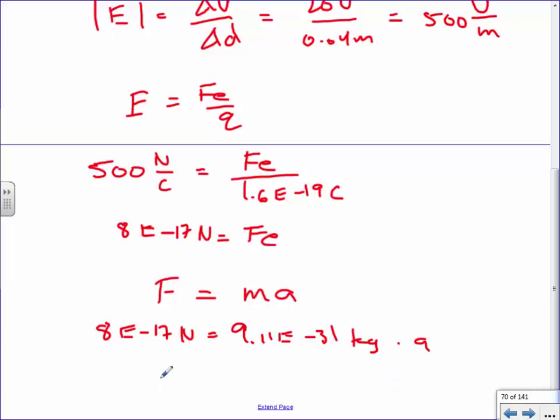So based on this, I should be able to find myself now an acceleration. This should tell me how fast my electron is accelerating as it hops from the negative plate over to the positive plate. It's accelerating at a rate of 8.78, etc., times 10 to the 13 meters per second squared.